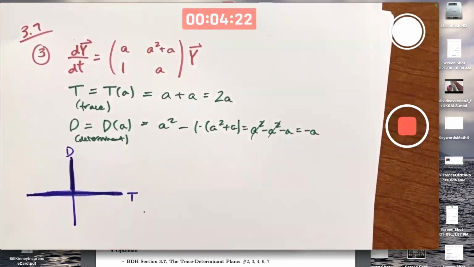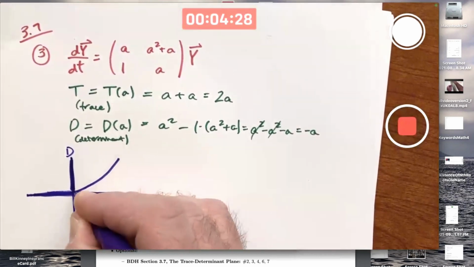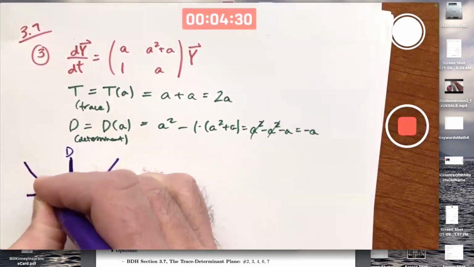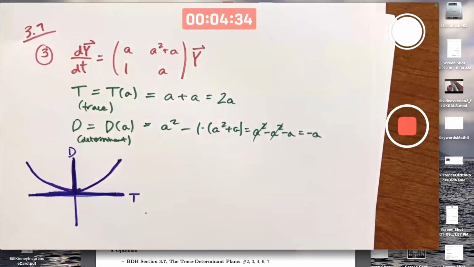And the third one is not on the axes, it's a parabola. It looks about like this. It's called the repeated root parabola because your eigenvalues end up being repeated roots along that parabola, your eigenvalues of the matrix. That's kind of a loose way of saying it.